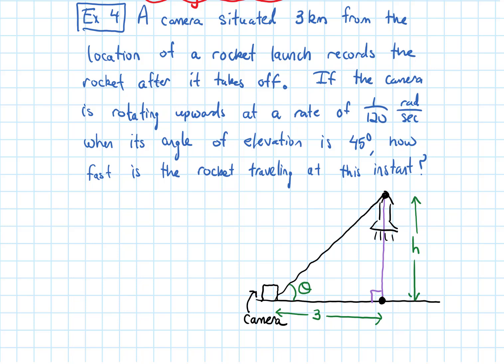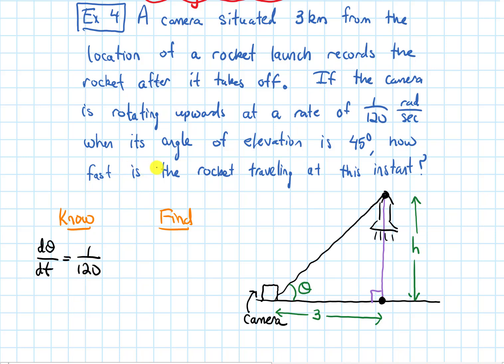Now let's write down the rates that we know and the rate that we want to find. The question tells us that the camera's rotating upwards at a certain rate, so that's the rate at which the angle is changing. d theta dt is positive, because that angle is getting bigger, 1/120.